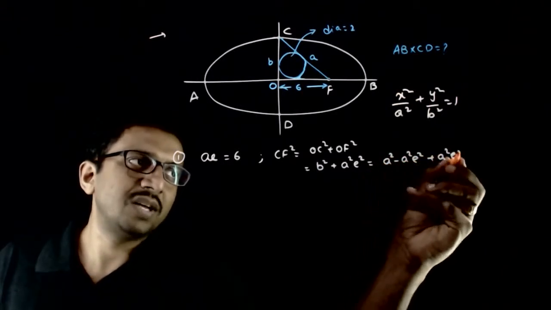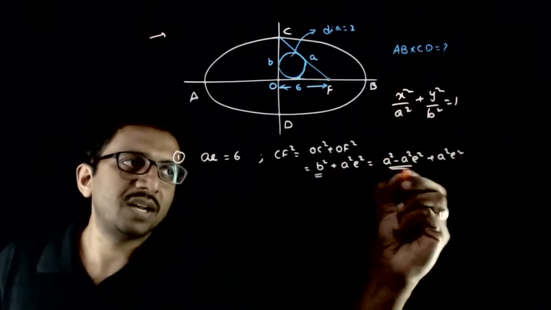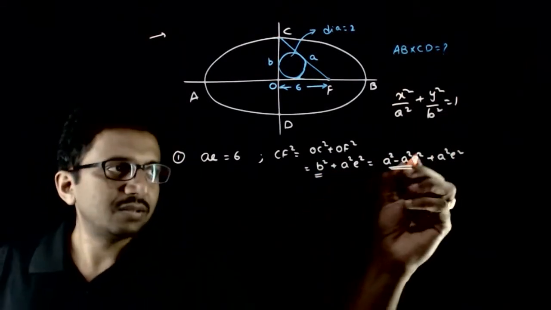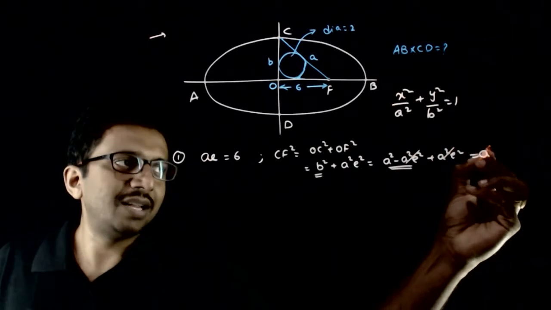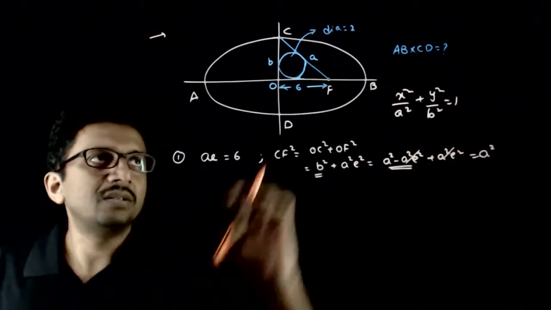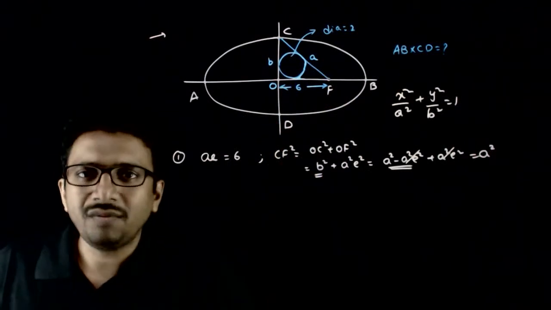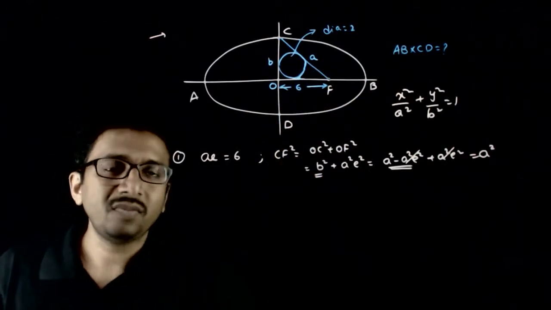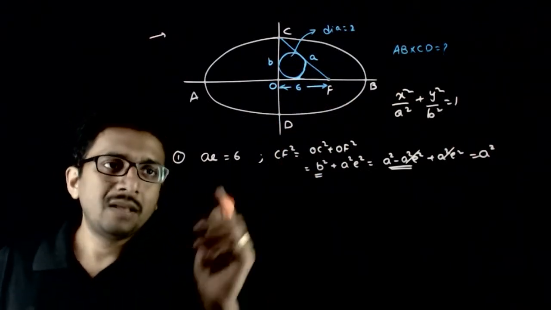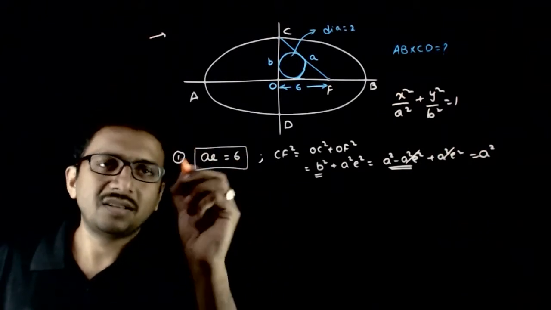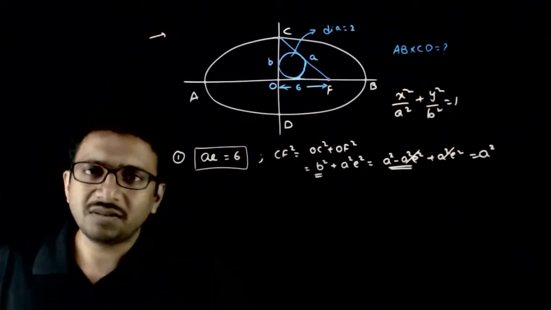So B square is A square minus A square E square plus A square E square. These two get cancelled and that becomes equal to A square. So CF will be equal to the length of the semi-major axis. Now, the first information is that this distance is equal to 6.